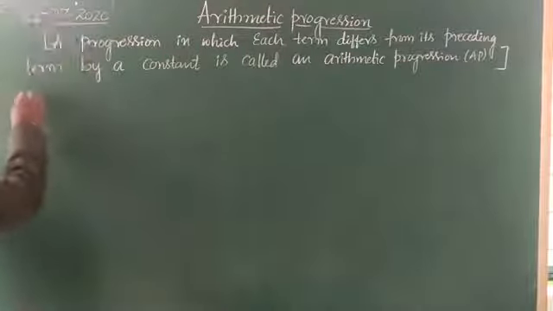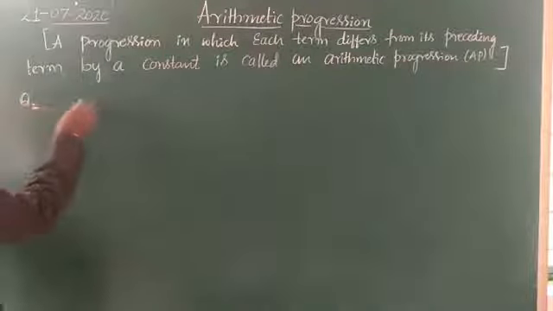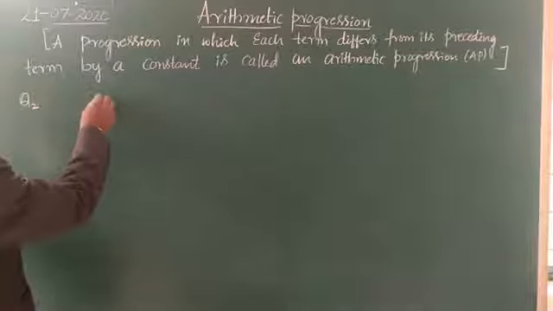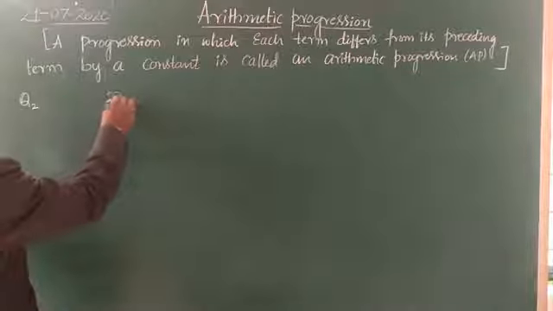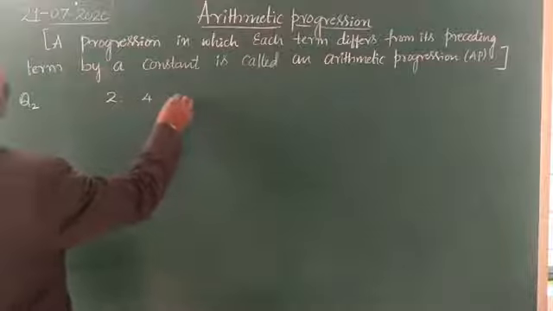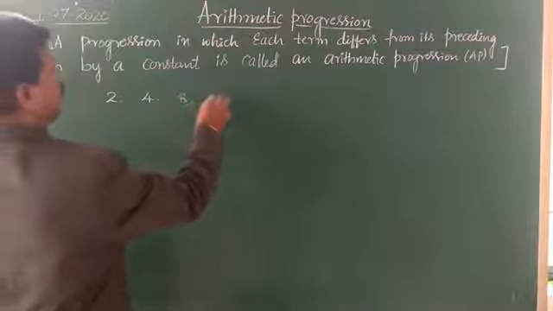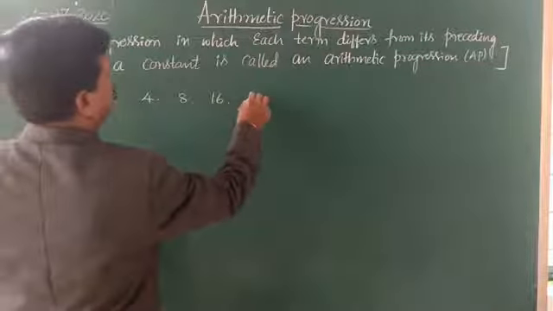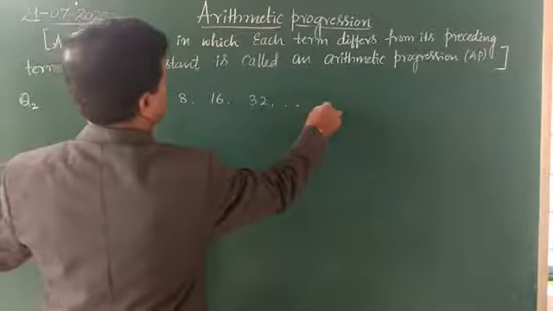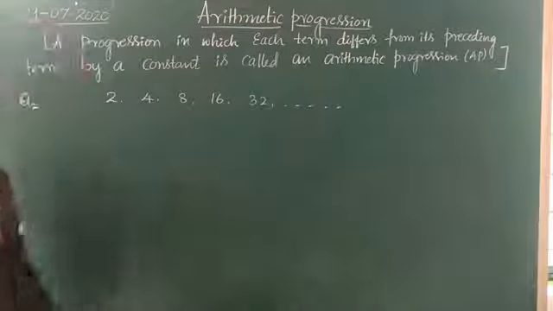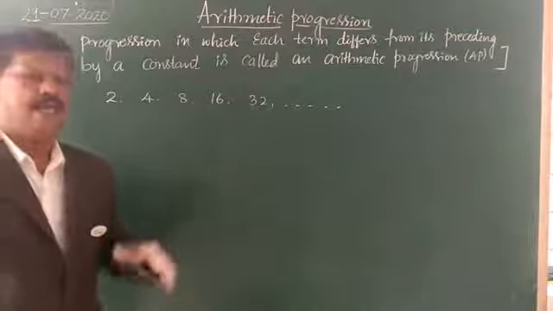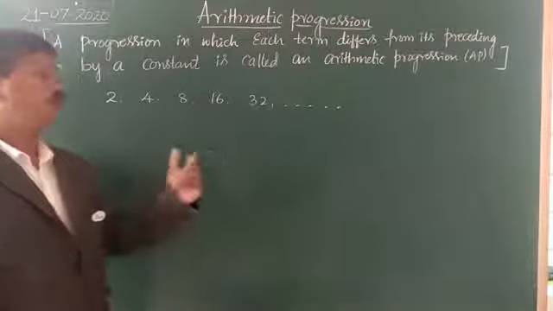Now, second question, question number 2. Now look at this: 2, 4, 8, 16, 32, etc. Is this an AP? So how to check this?